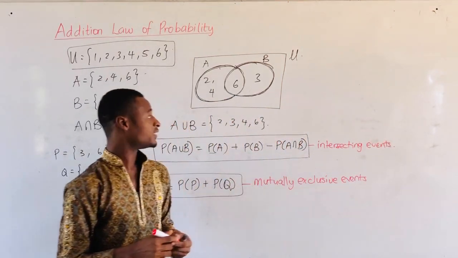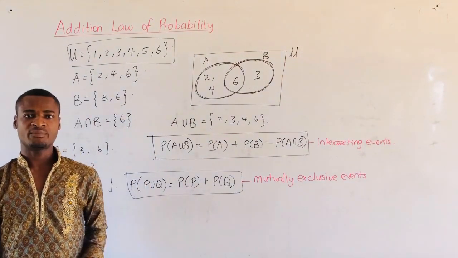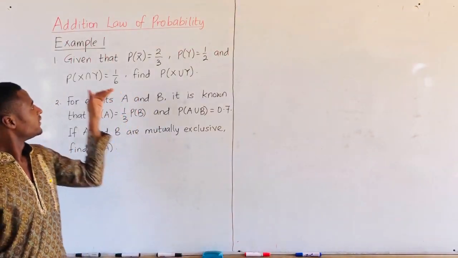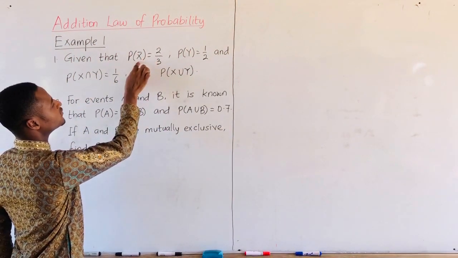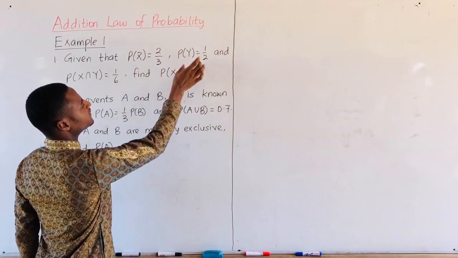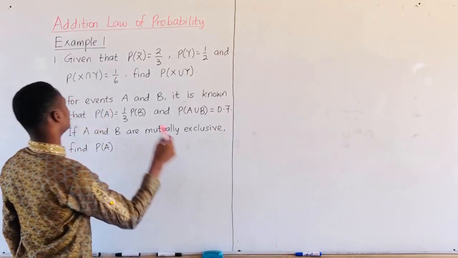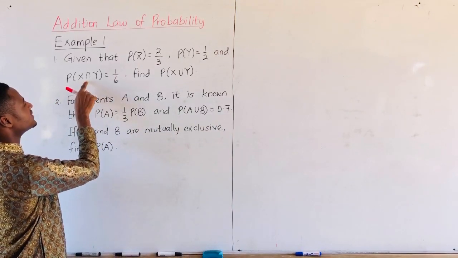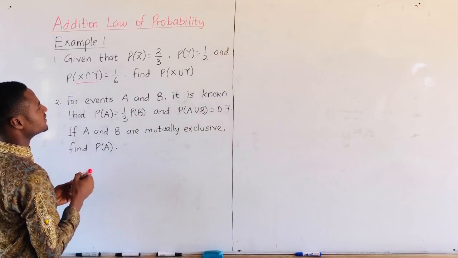Let's look at the application of this law of probability in some examples. Given the probability that x will not occur, which is the complement of x, is 2 over 3, the probability that y will occur is 1 over 2. And we are given the probability that x and y will occur, which is the intersection of x and y.